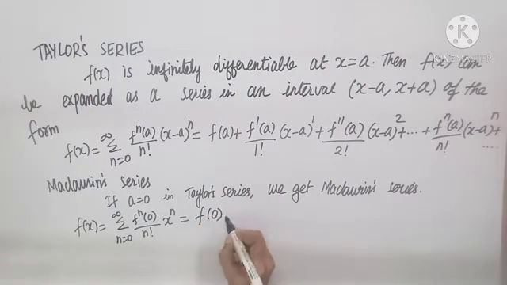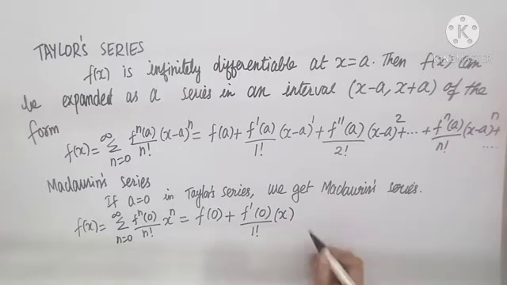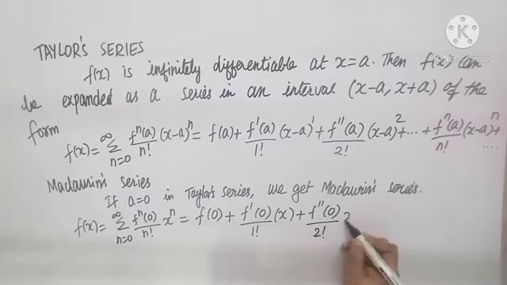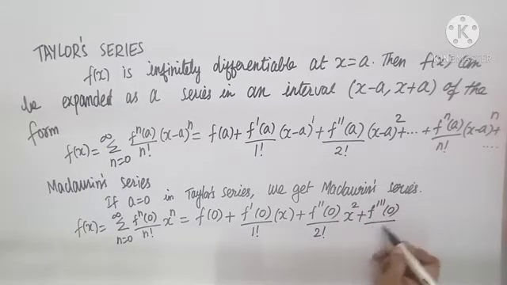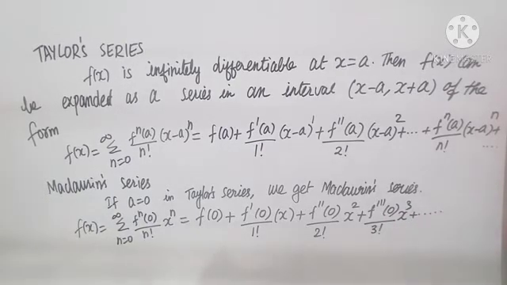F of 0 plus f dash of 0 by 1 factorial into x plus f double dash of 0 by 2 factorial into x square, f triple dash of 0 by 3 factorial into x cube, and so on. If you need, you can write the nth term, that is f nth derivative at 0 by n factorial x power n, and so on.